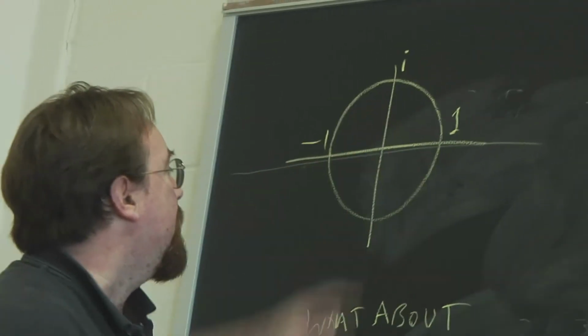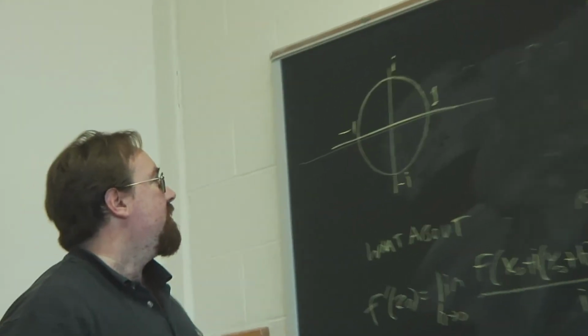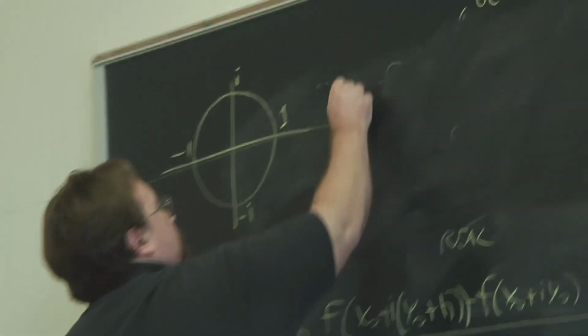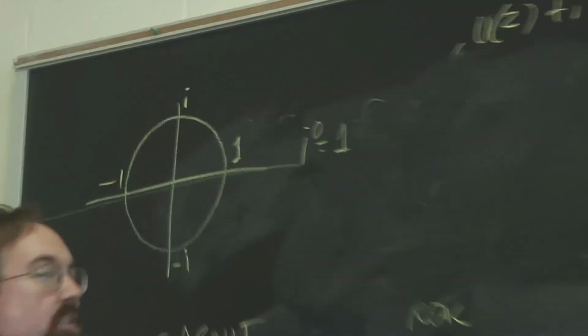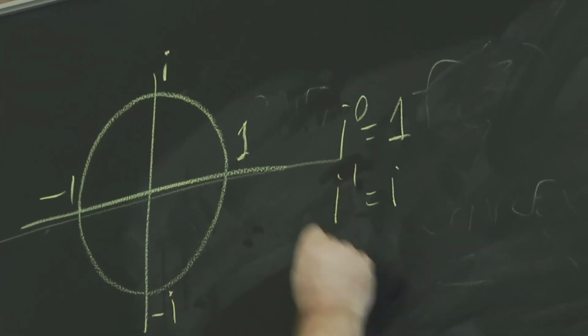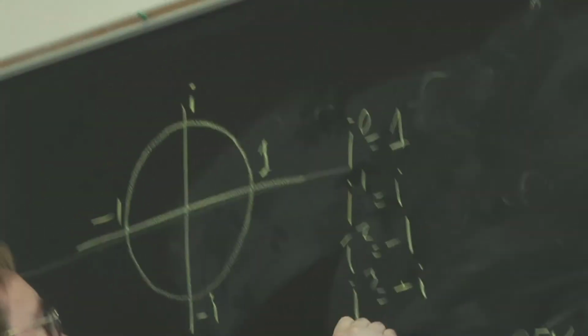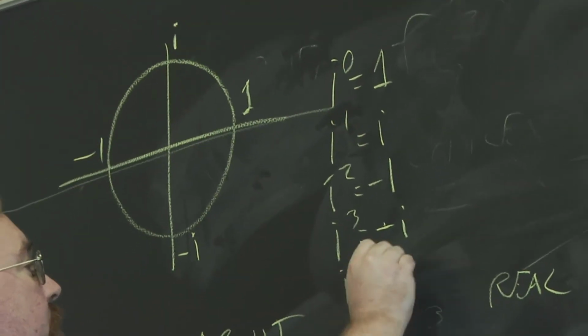So i is up here, minus i is down here. So what happens is i to the 0 is 1, because anything to the 0 power is 1. i to the first is i, i squared is minus 1, i cubed is minus i, i to the fourth brings you back to 1.